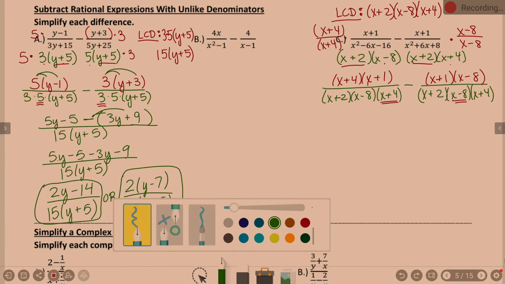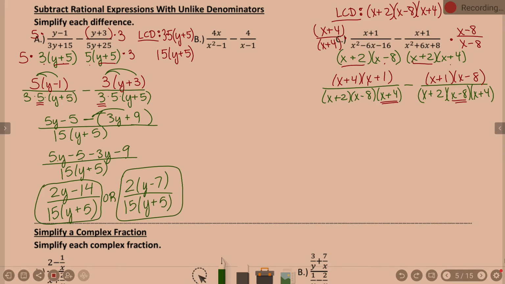Okay, let's see. My denominator, I have the common denominator of x plus 2, x minus 8, x plus 4, so I have them written out, right? How do I multiply my numerator of the first fraction?